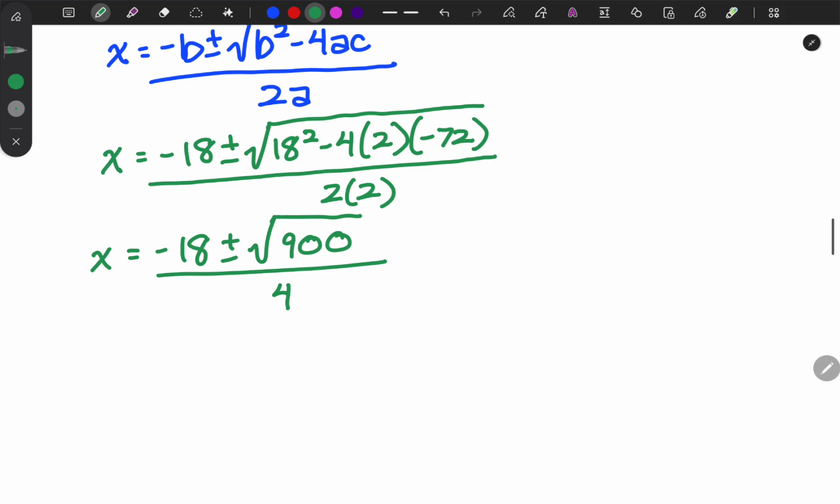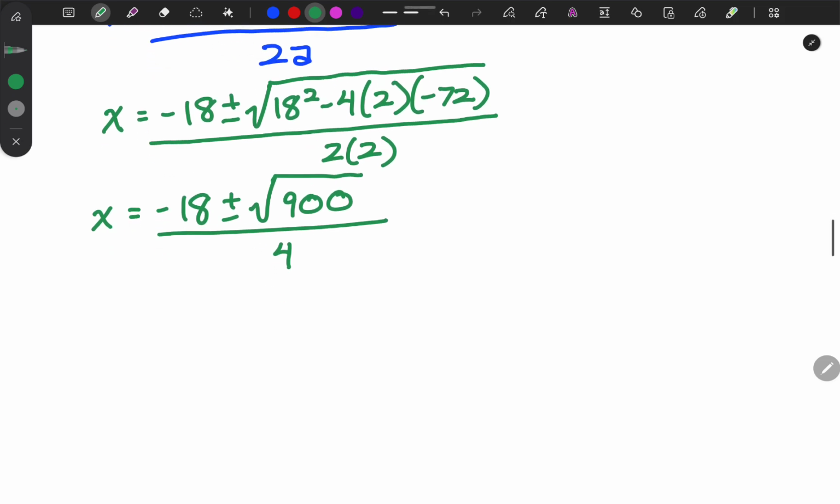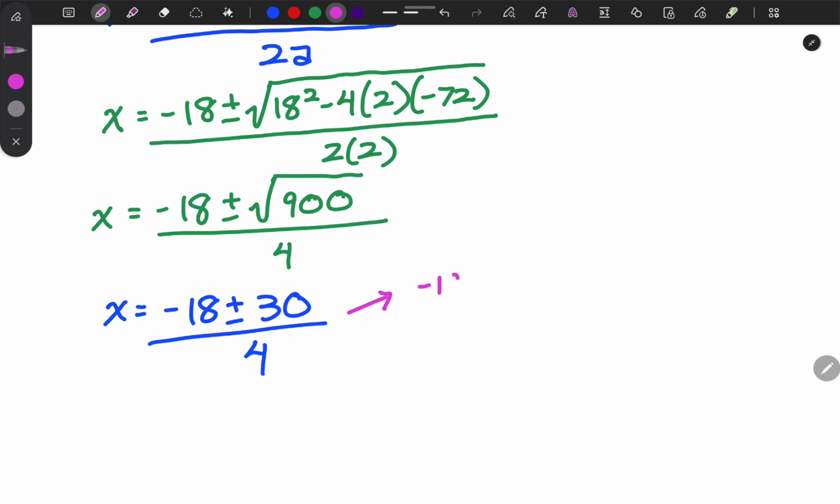At this point, you should check if it's possible to simplify or evaluate your square root. 900 is a perfect square, so we can take the square root and it will be 30, giving us x equals negative 18 plus or minus 30 over 4. And this essentially gives us two possible roots to find. Negative 18 plus 30 over 4 and negative 18 minus 30 over 4.